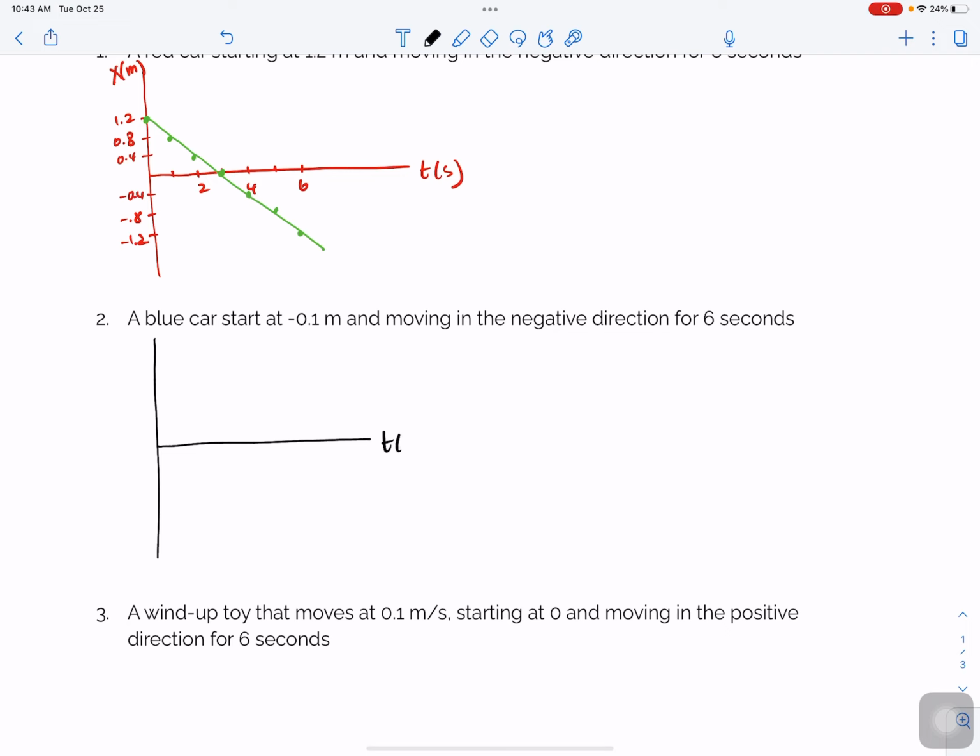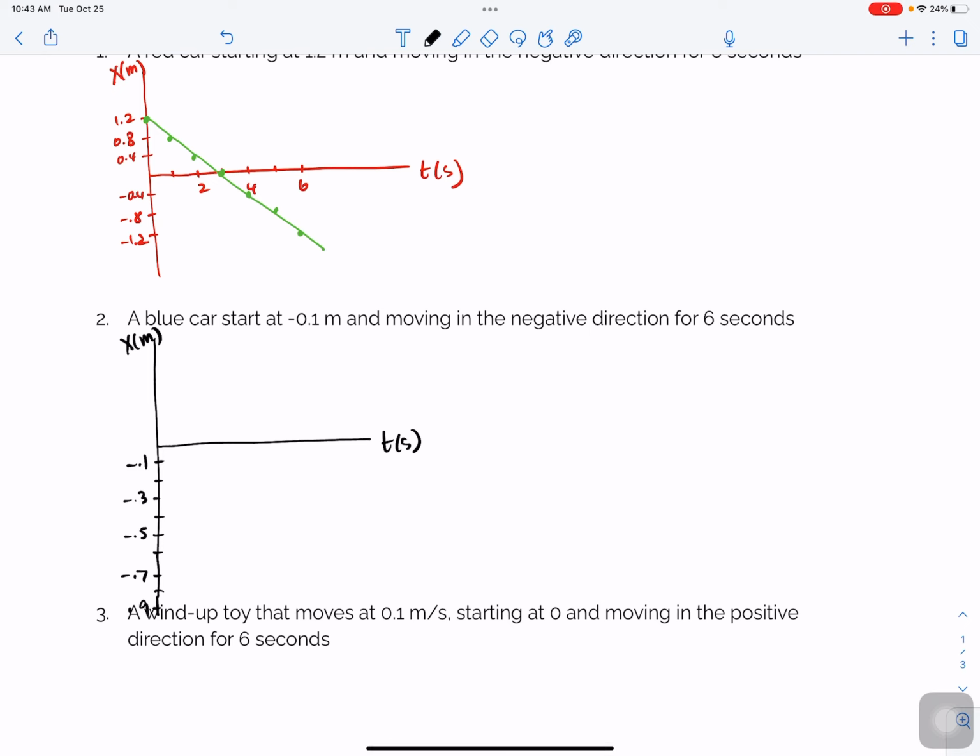All right, so time in seconds, X in meters, but I'm at 0.1, so I have to pretty much label everything by 0.1s. So negative 0.1, negative 0.3, negative 0.5, negative 0.7. I know right now some of you guys are asking, can you do that? And it's sure. You really can label however it's convenient.